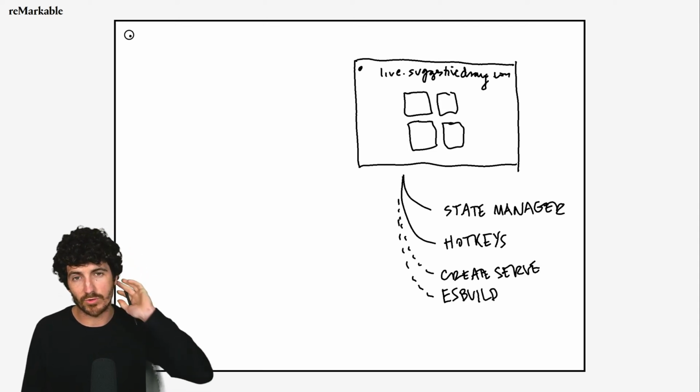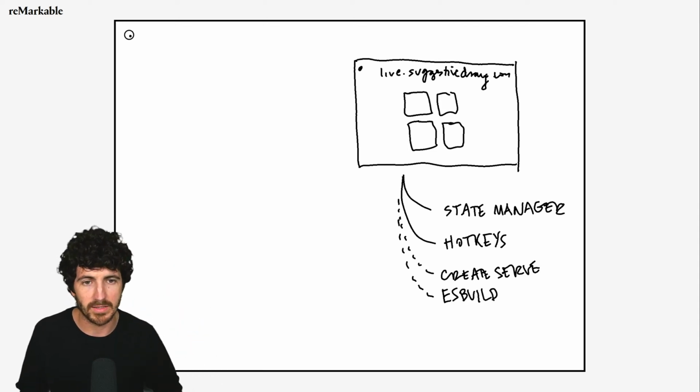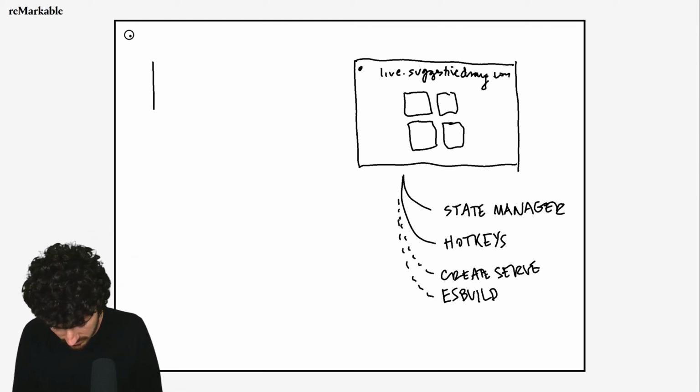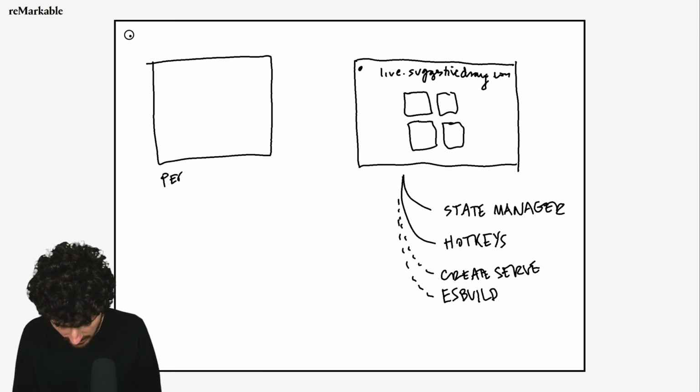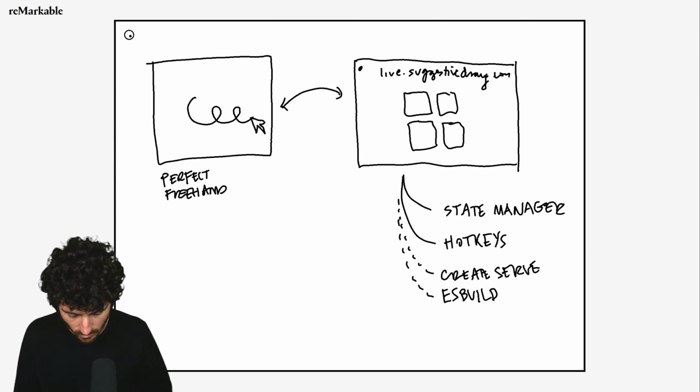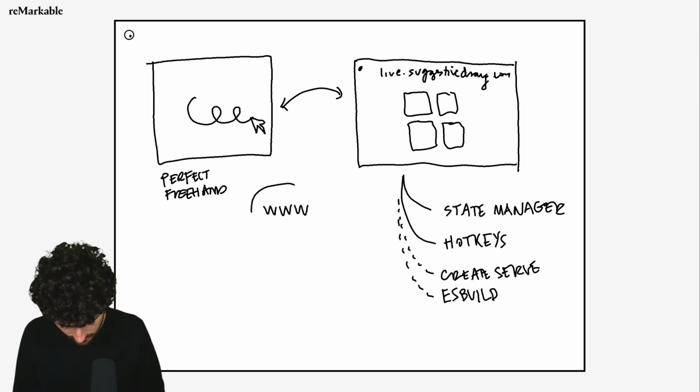So those are for building and making development easier. And what we want to do now is, because we have another application that used the Perfect-Freehand framework, where we could actually draw with our mouse, we want to merge these two, combine them into one, right? And also put them online.